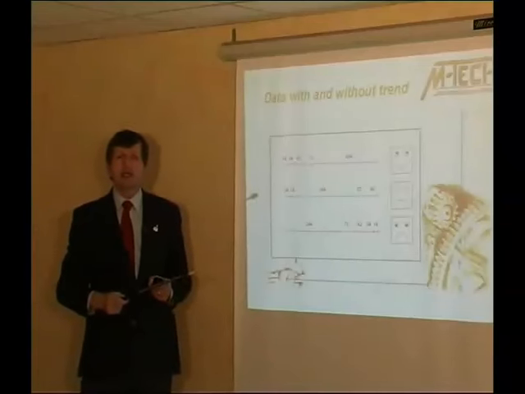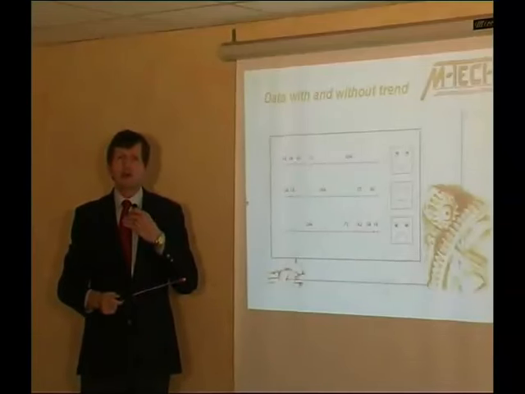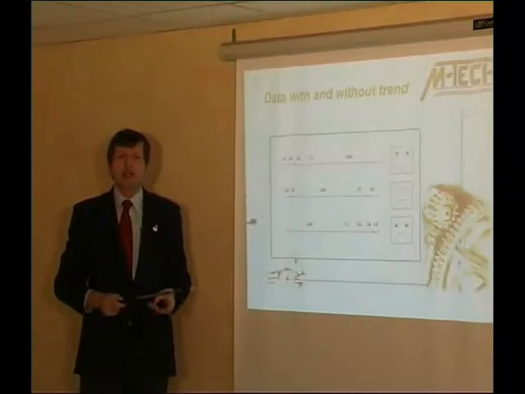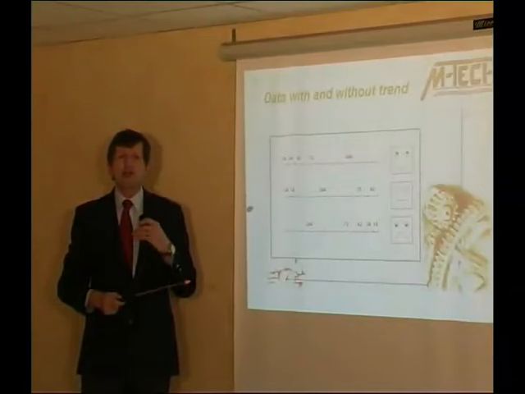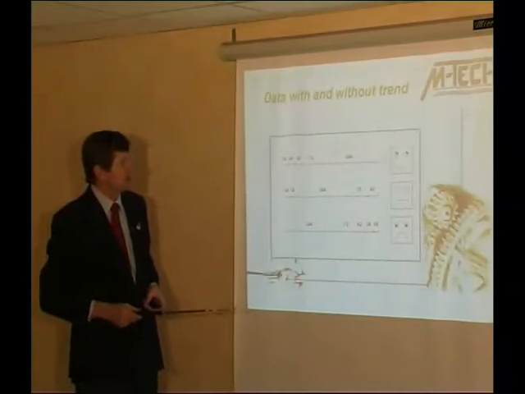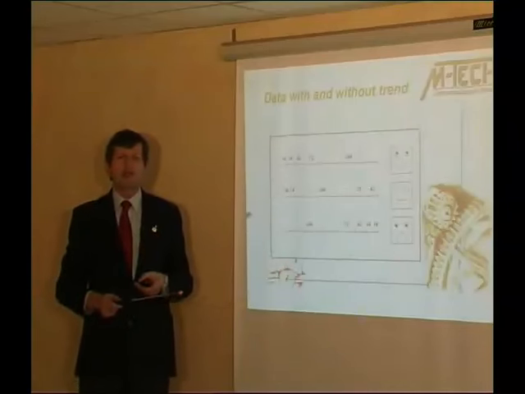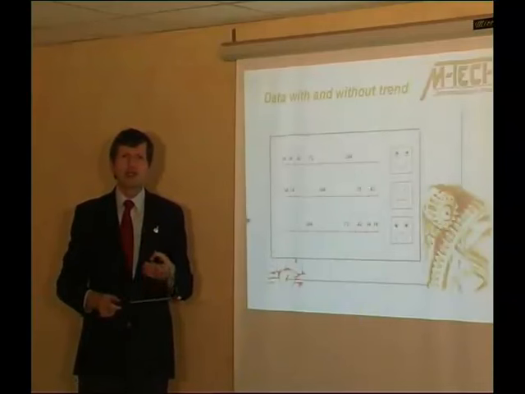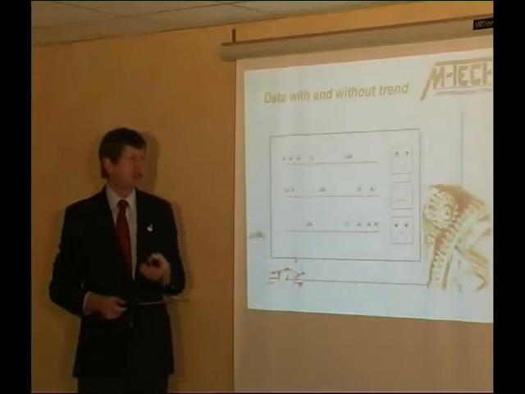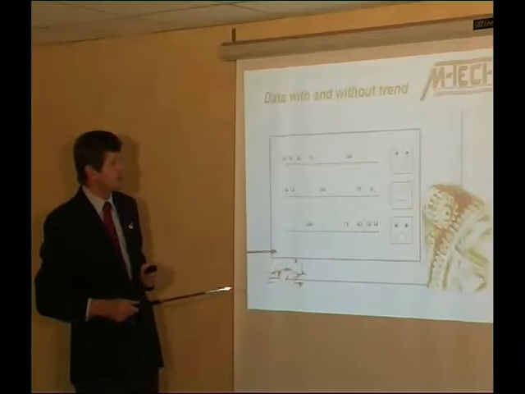With data with a trend, we will make use of repairable systems theory, and with data without trends, we will make use of renewal theory, because data with a trend, we said, displays reliability degradation.